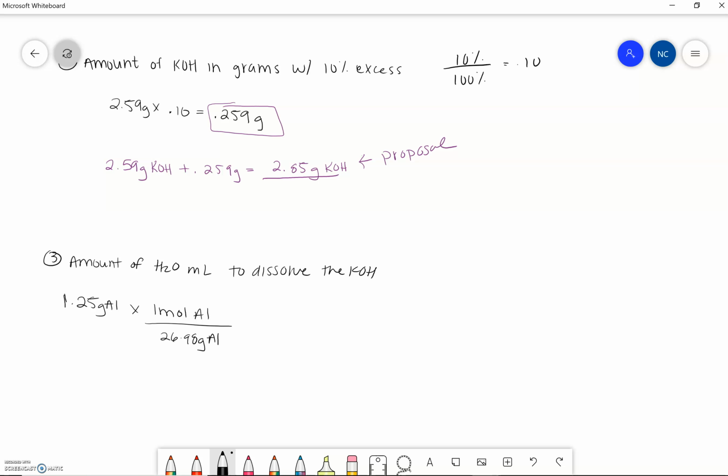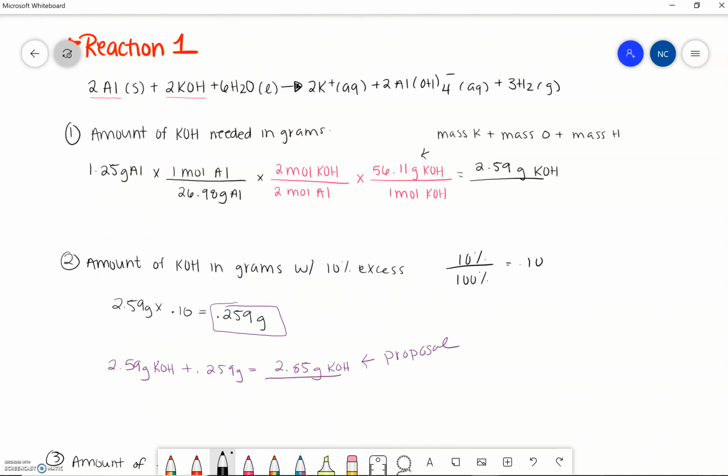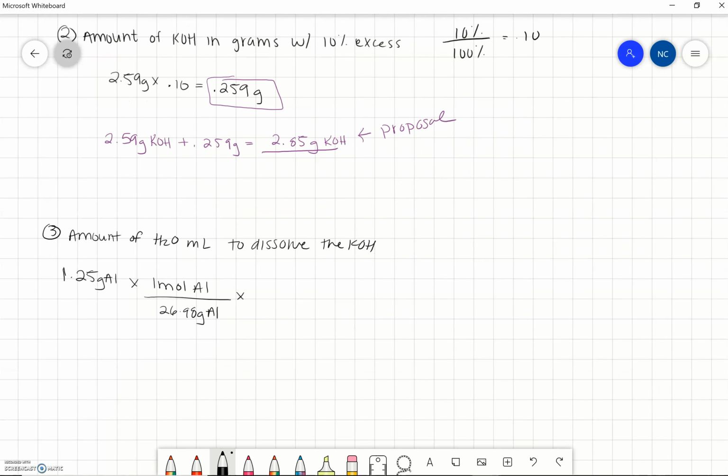Divide by the molecular weight of aluminum, and now use the mole ratio. We're going to be going from aluminum to KOH first, so that is a 2:2 ratio.